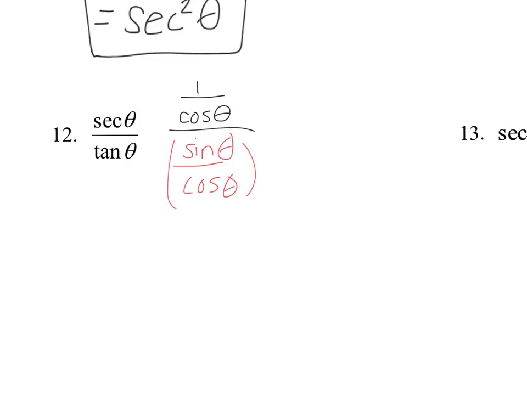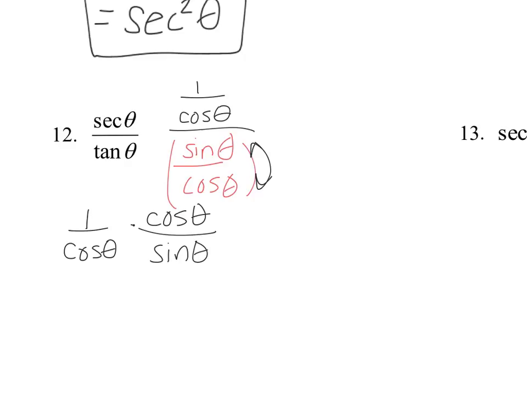So you're going to multiply by the reciprocal of the denominator. So this turns into 1 over cosine of theta times, I'm going to flip these two around, so it's cosine of theta over sine of theta. So these two cosines cancel out. So I'm left with 1 over the sine of theta, which is the same thing as cosecant of theta, which is simpler than what we started out with.